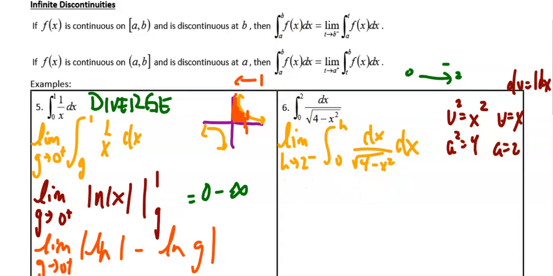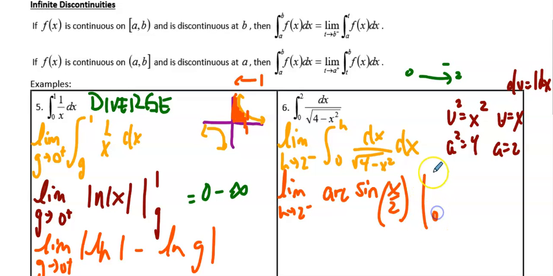So we're going to rewrite this as the limit as h approaches 2 from the left, and then I'm going to have this as our arc sine. It's going to be our arc sine of x over 2, and we're going to evaluate that from 0 to h.